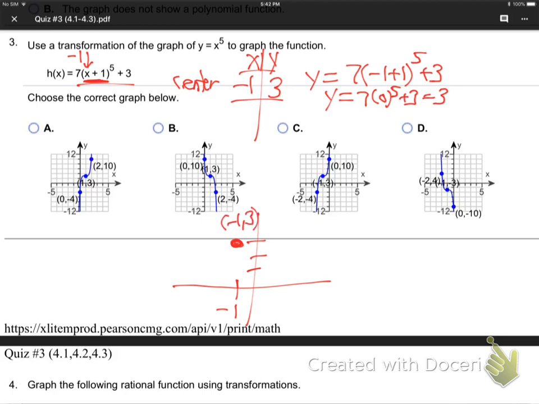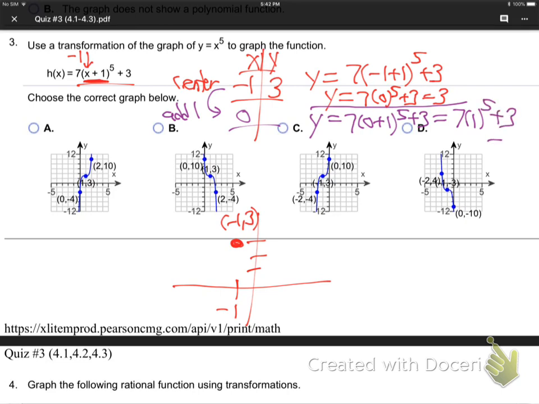That's the center. Now, let's find one other dot. What do we always do? We add 1. So that'd be 0. And so plug in 0 now. What are you going to get? Y equals 7 times 0 plus 1 to the 5th plus 3. That's 7 times 1 to the 5th plus 3. That's 10. So over 0, up 10.